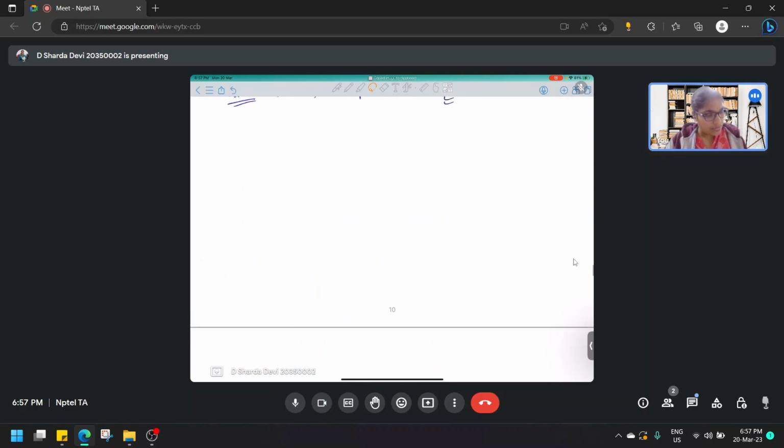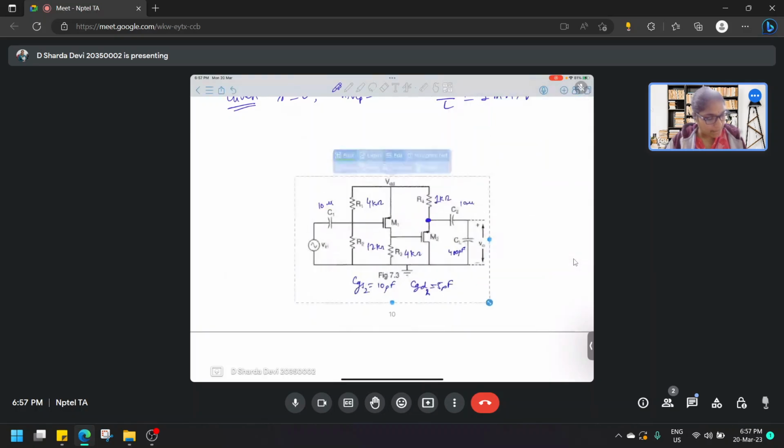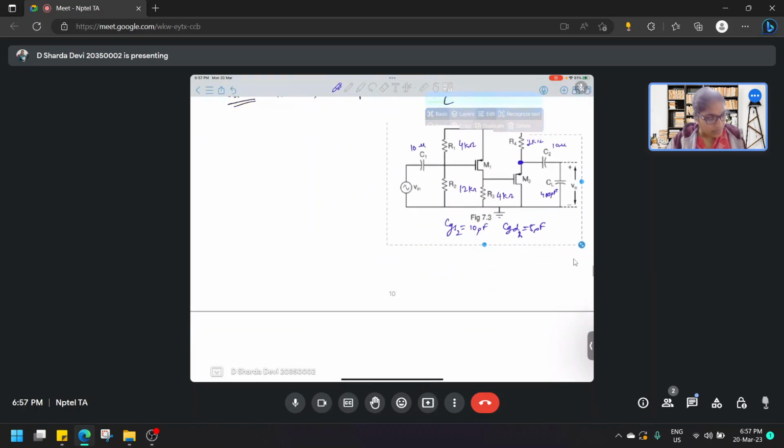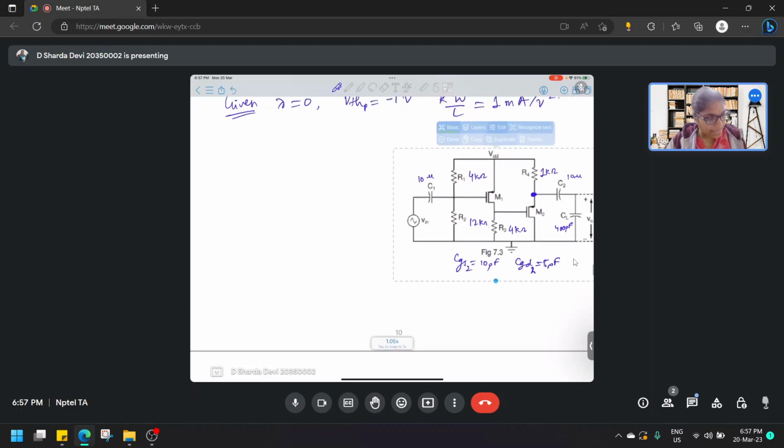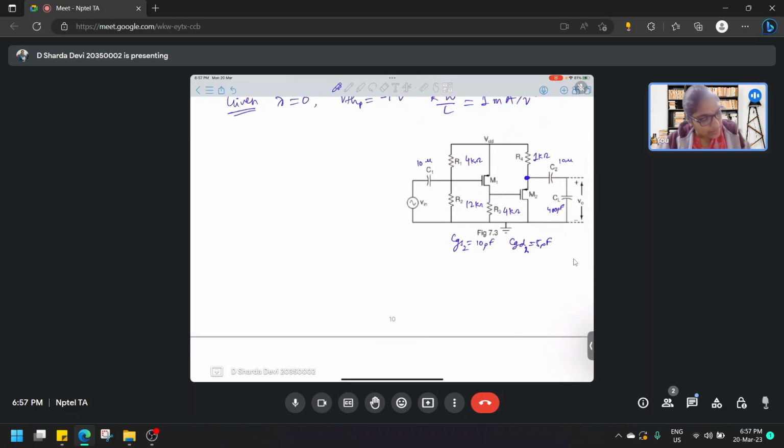So if we want to solve this, how do we solve this? So I want to find Vout, right? If I subtract VDD minus ID R4, I will get Vout, right?